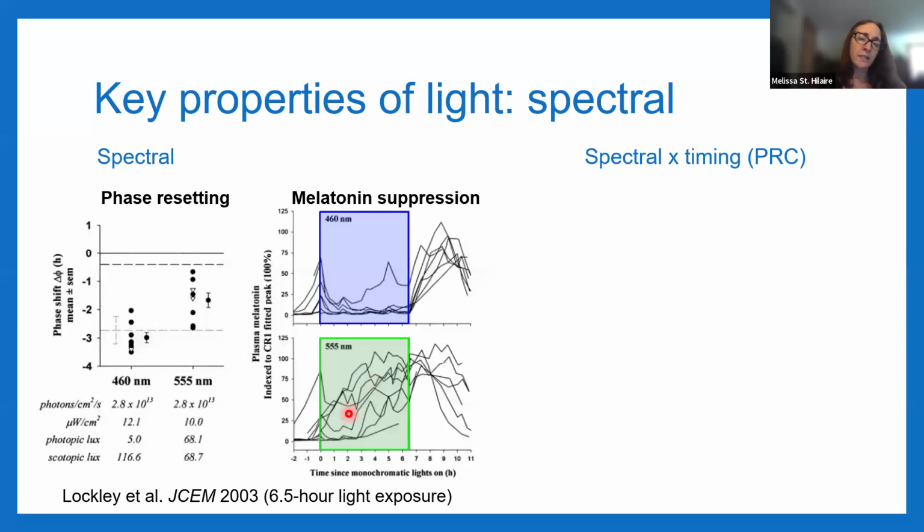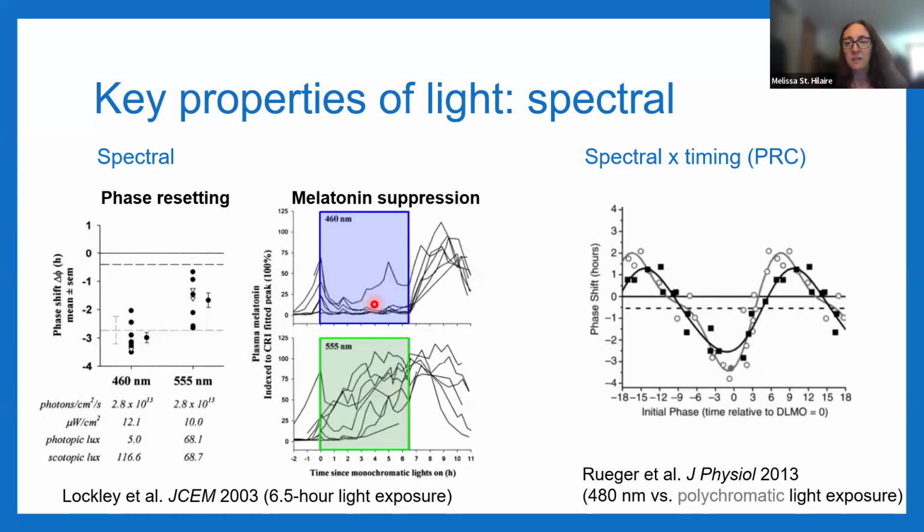You do initially see in some individuals some suppression from the green longer wavelength light, but what you really see is that suppression does not stay suppressed for very long. And so there's potentially this prompt response, and again, we'll talk about other evidence for why that happens in a few minutes. So you initially see a prompt suppression, but then the system rebounds and melatonin continues to be produced. Whereas in the blue light, you really don't see that, except potentially in this one participant.